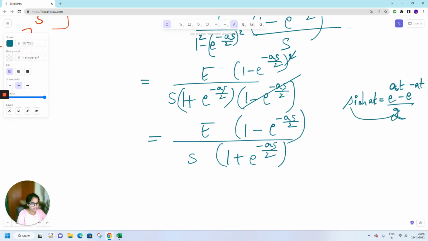Or if I send this 2 to the other side, 2 sine hyperbolic at is equal to e power at minus e power minus at.